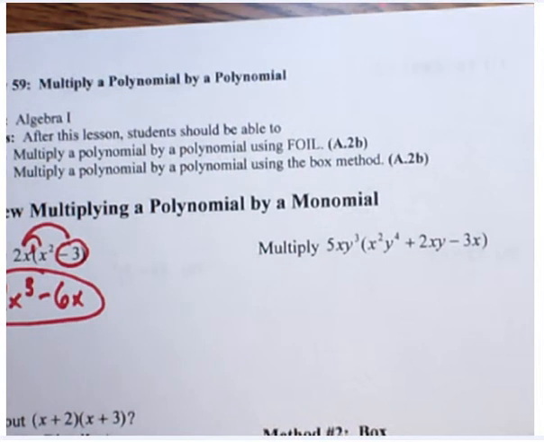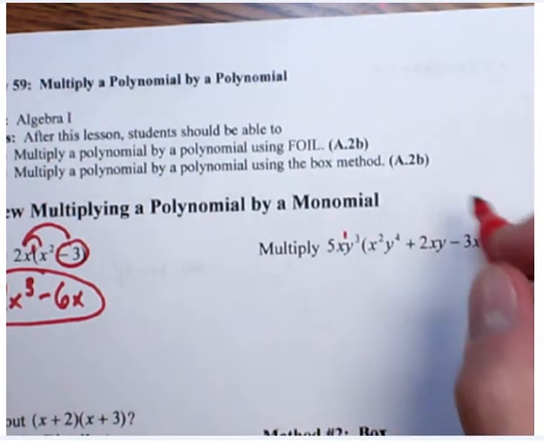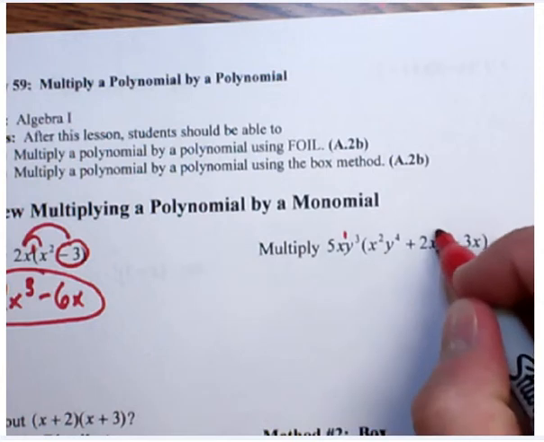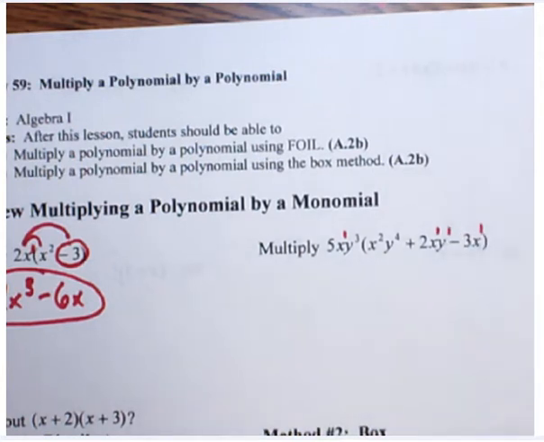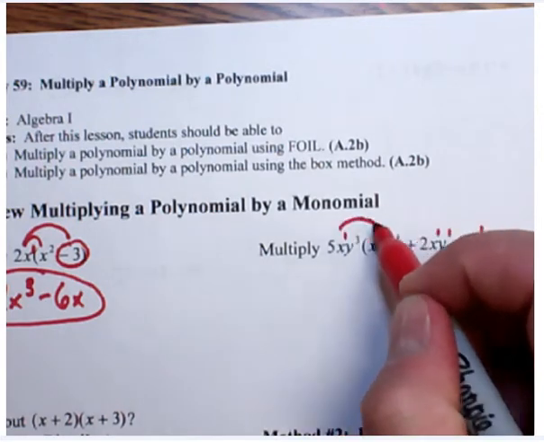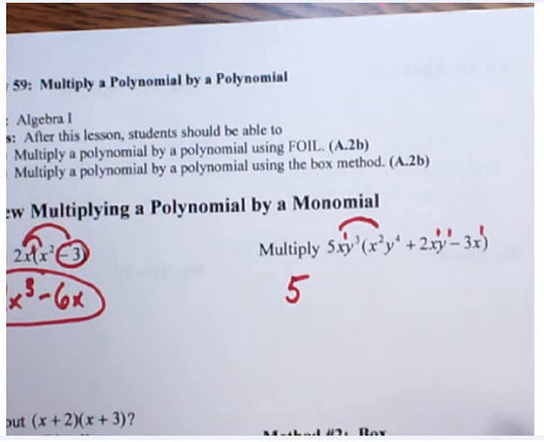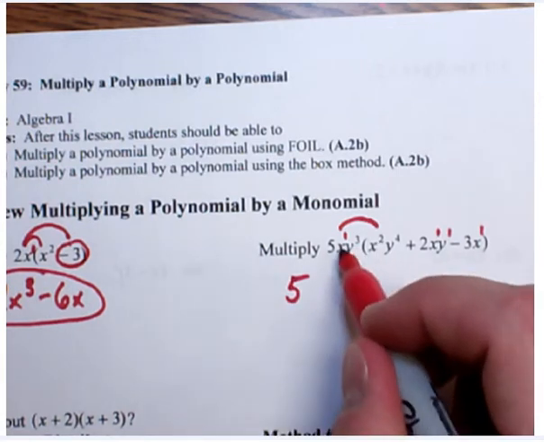Now in the second example, multiply 5xy to the third times x squared y to the fourth plus 2xy minus 3x. Take it step by step. So you got 5. Multiply the x's, so you add the exponents.